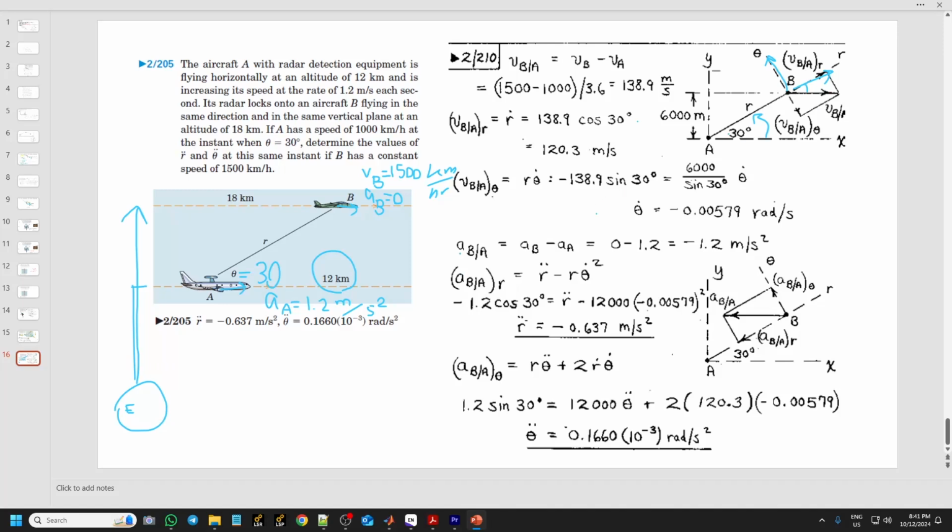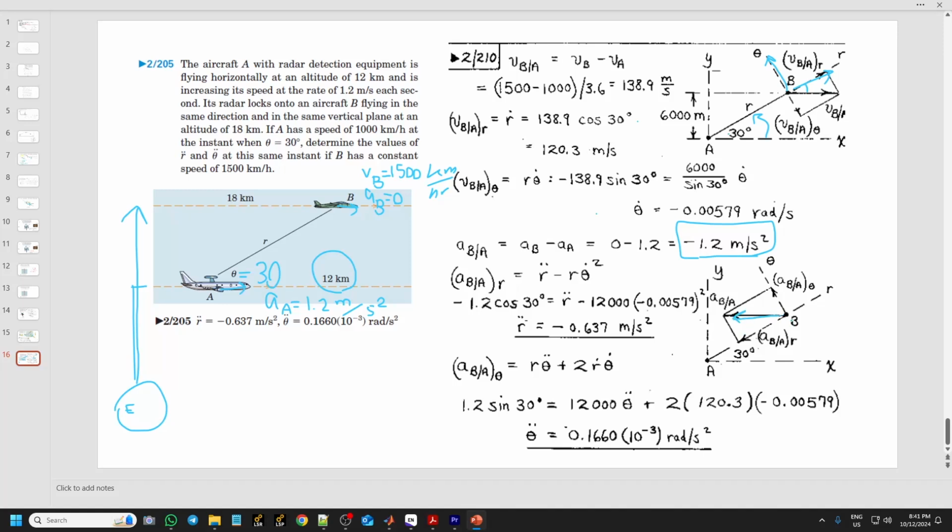So, again for AB over A, we know that AB is equal to 0, as I said, and AA is 1.2, so the result will be this. And again, we decompose that. First, you need to draw this here, which is this vector.